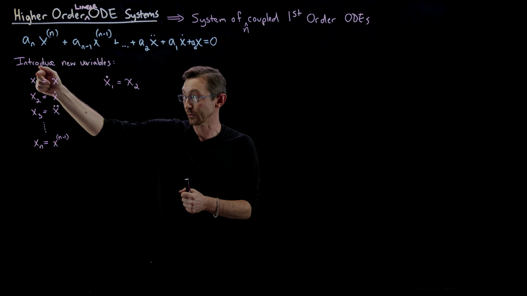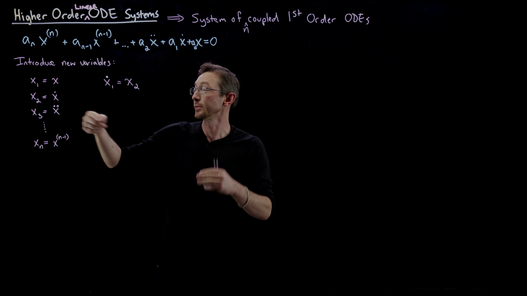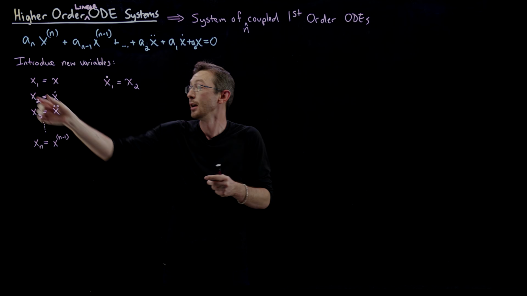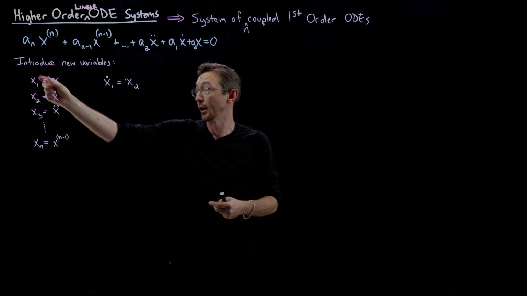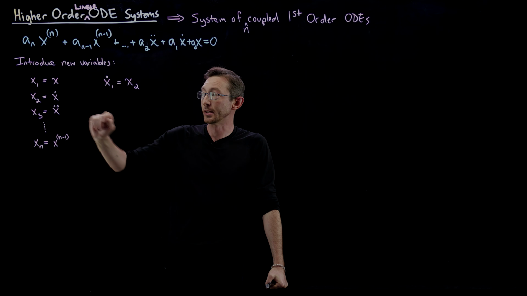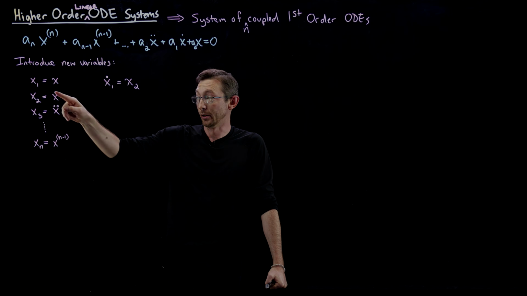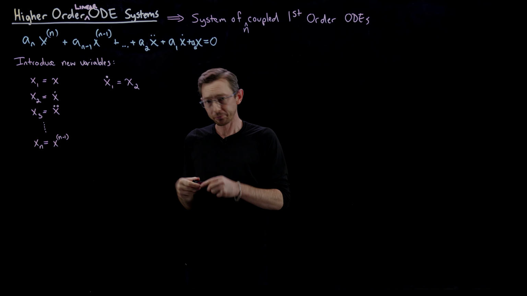We're going to figure out what x1 dot, x2 dot, x3 dot are, and then we're going to represent those in terms of x1, x2, x3, and so on and so forth. We want a closed form system of the derivatives of all of these states as a linear combination of those n states. So I start with x1 and I compute x1 dot. x1 dot is the time derivative of x, x dot, which is my second state, x2. So x1 dot equals x2.